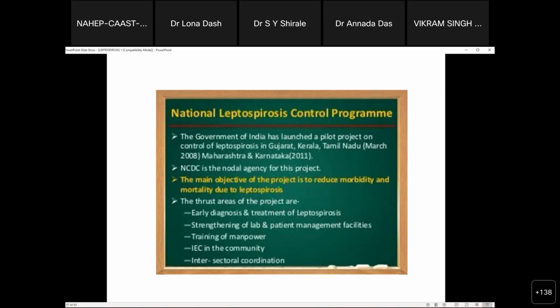The thrust areas of the project were early diagnosis and treatment, strengthening of the laboratory and patient management facilities, training of manpower, bringing out awareness material like posters and using the press, print and other media to increase awareness among the public and among the doctors regarding leptospirosis. And of course, intersectoral coordination, which is what we are talking about today.